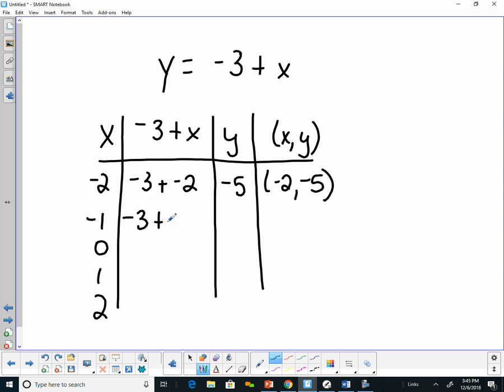Do it again. We're going to plug in the next number. And I continue substituting in and making my ordered pairs.